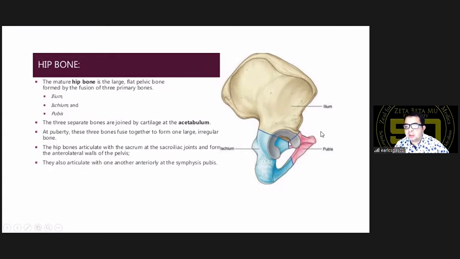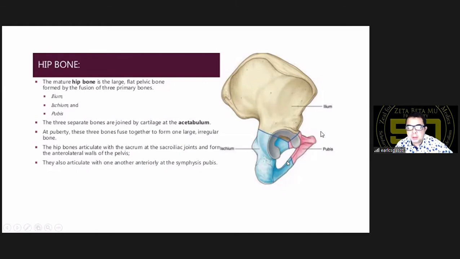In younger individuals, you can actually see the demarcation between the three bones, fused together by cartilage. But as you grow older, especially during puberty, these three bones fuse together to form one large irregular bone. Grossly, you won't be able to see the demarcation anymore once they start to fuse.